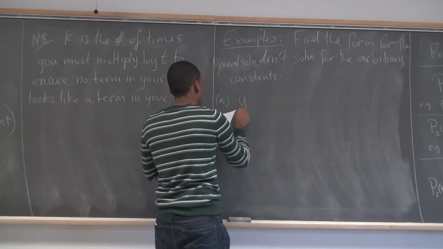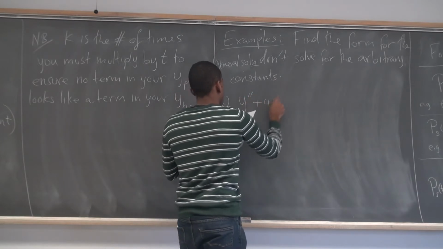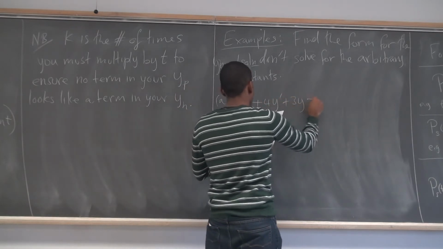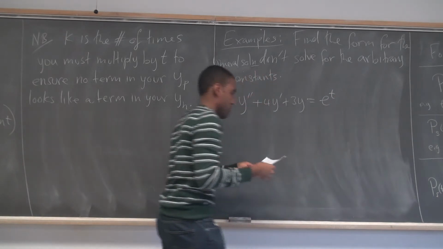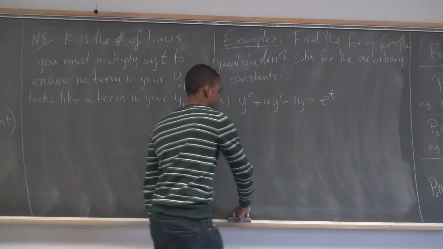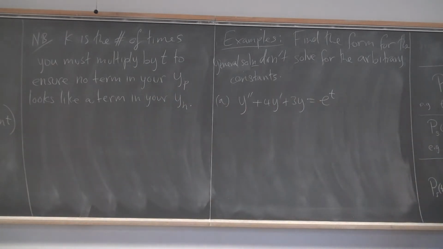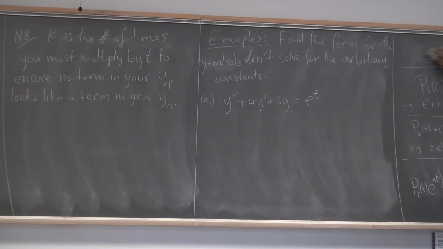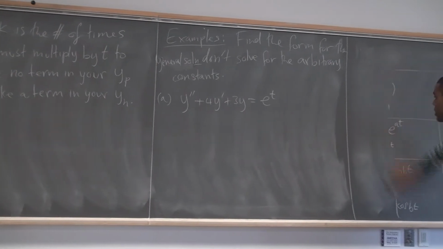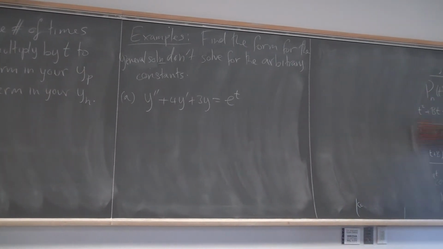So let's say we had y double prime plus 4y prime plus 3y equals e to the t. What does the general solution to that look like?